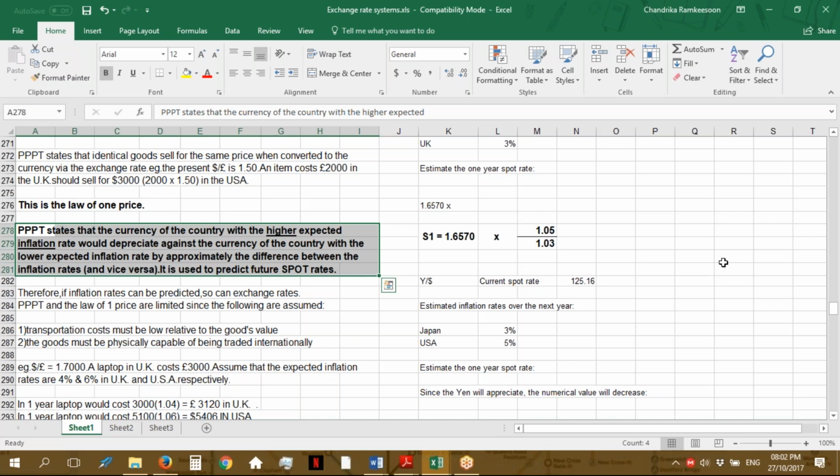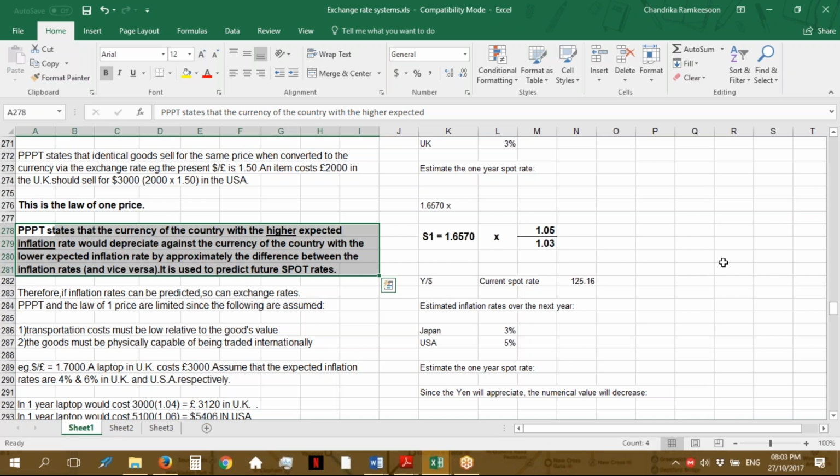Now, this purchasing power parity theory is also called the law of one price. The examiner isn't going to ask you in detail to talk about it, because it's a very detailed law, and going into it, it's a very mathematical thing as well. So what you need to know though is how to use it in order to estimate future spot rates.